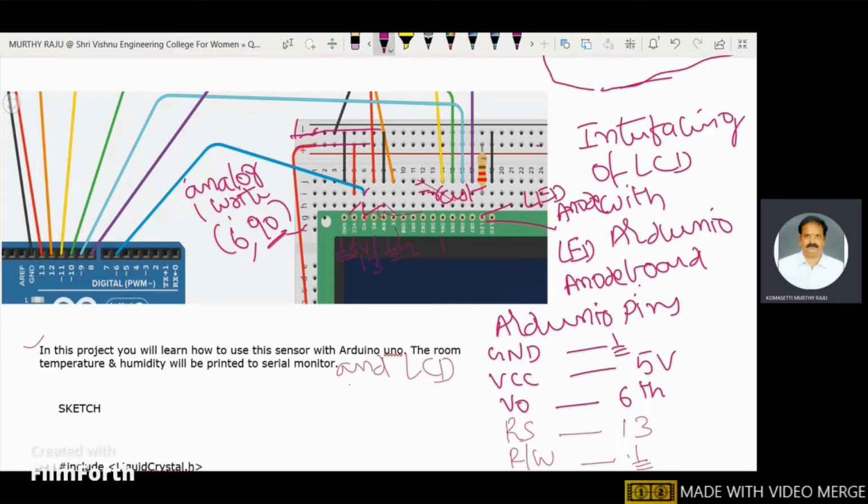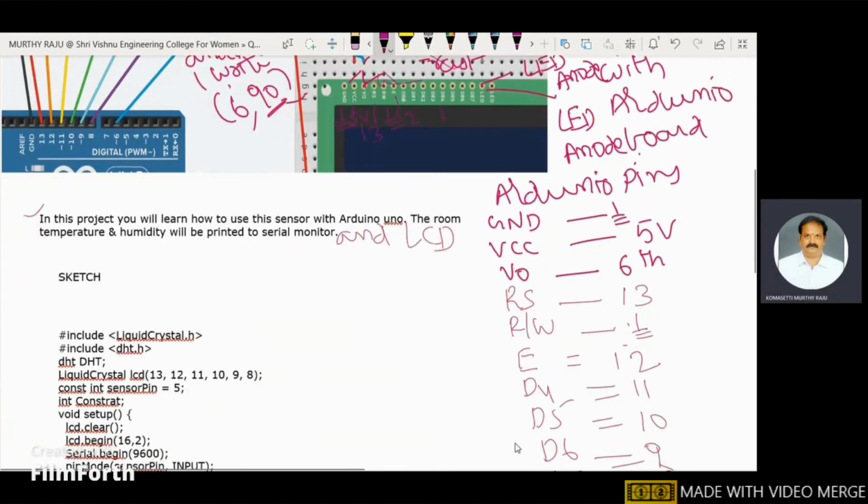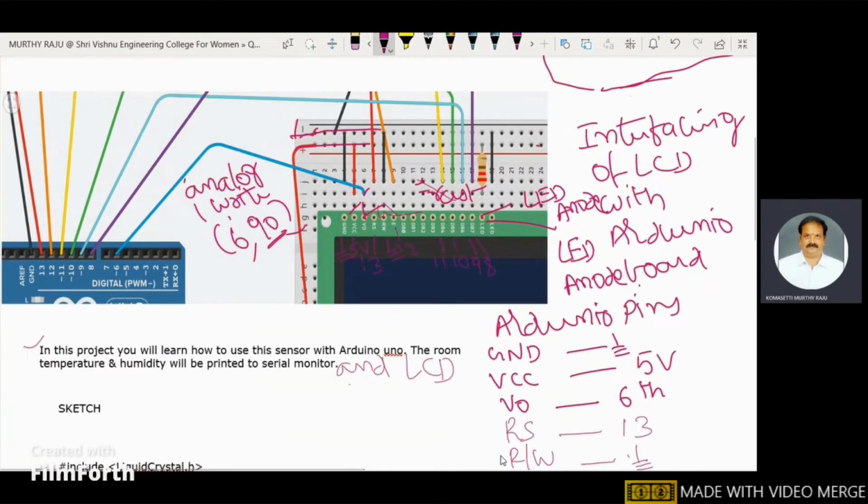D4 is connected to 11. D5 is connected to 10. D6 is connected to 9. D7 is connected to 8. And this one is the LED anode.